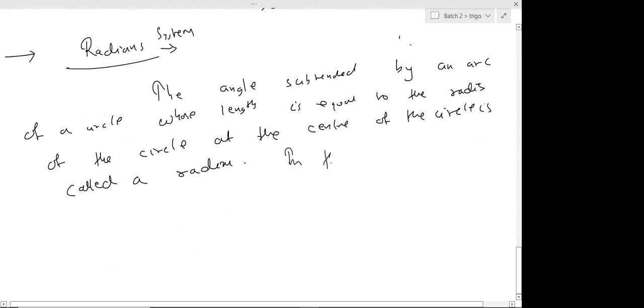And in this system, the unit of measurement is radian, and we denote it as small c. All right, write it down.